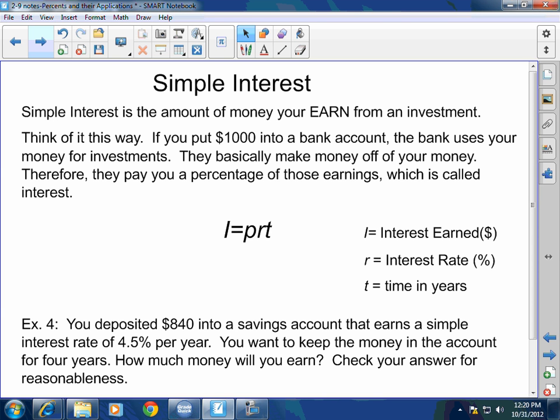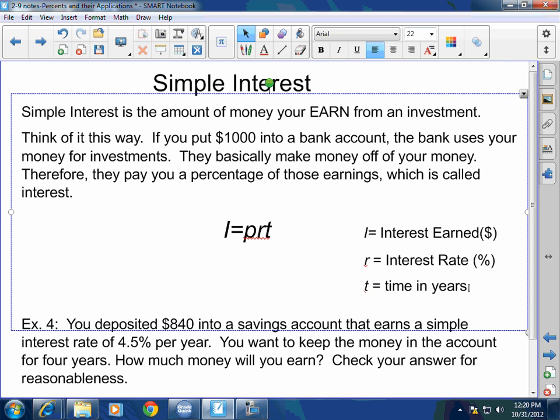That's called simple interest. And it comes from a formula that states I equals PRT, where capital I is the interest earned, a dollar amount. R is the rate, the interest rate, which is a percentage. T is time in years. And I forgot P, sorry about that. P equals principal.